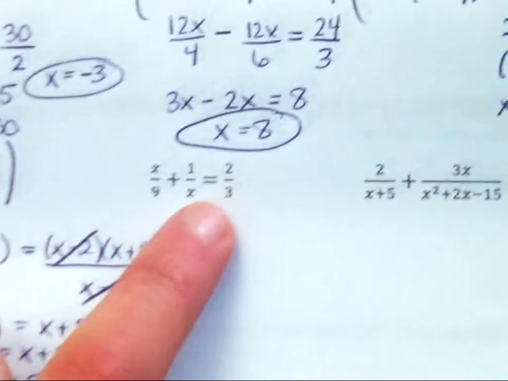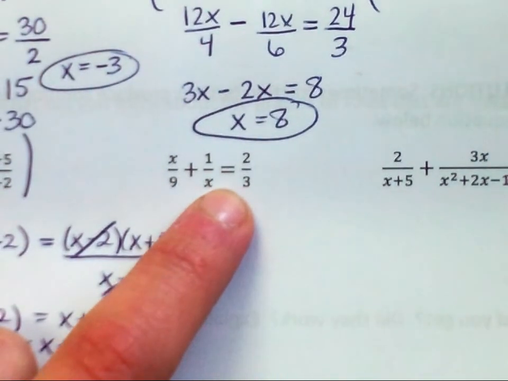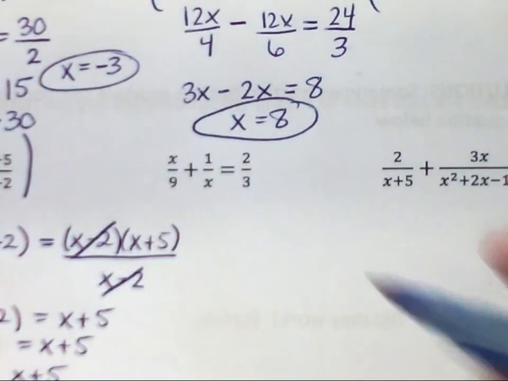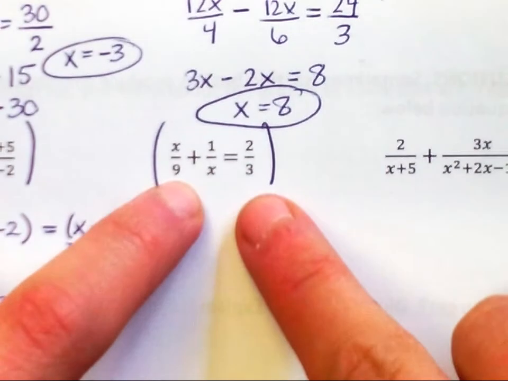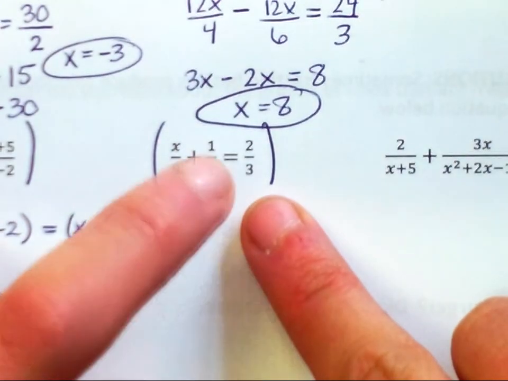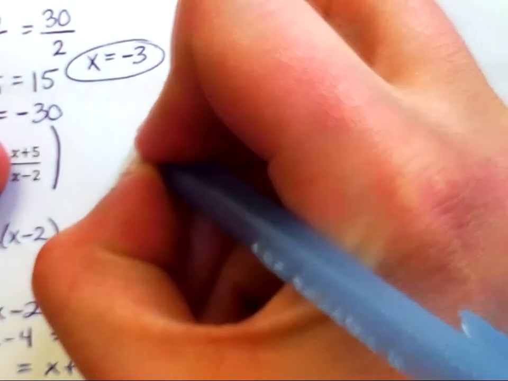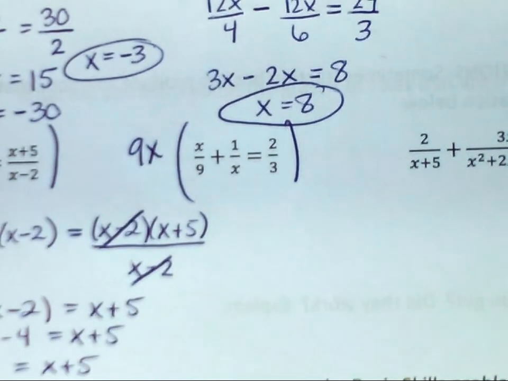2 more examples. Be thinking, what can we multiply this by to get rid of a 9, an x, and a 3? So a 9 will do it for the numbers, but then we also have to get rid of an x. So if we use 9x as our fraction buster, that should work.